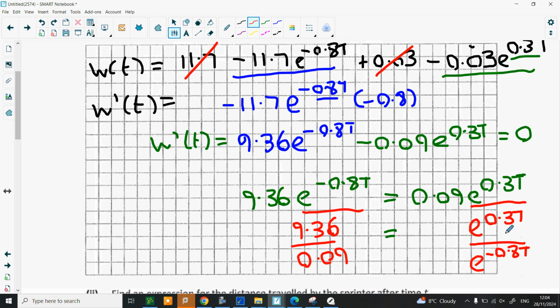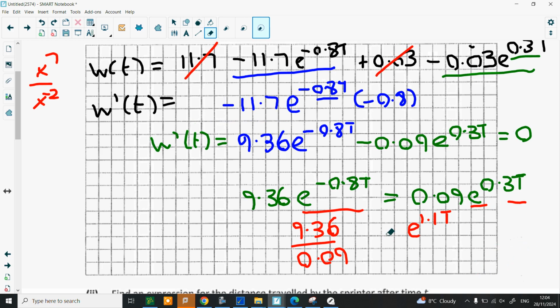What can I do with these two powers? What's x7 divided by x2? What do you think the answer to that is? x5. What's x7 and then x minus 2 on the bottom? Because you add them, don't you? And I'm going to end up adding the two of these to get e to the 1.1 t. Now I'm in business.